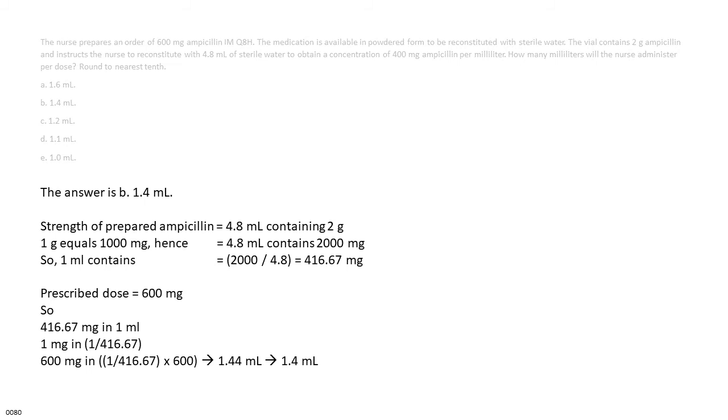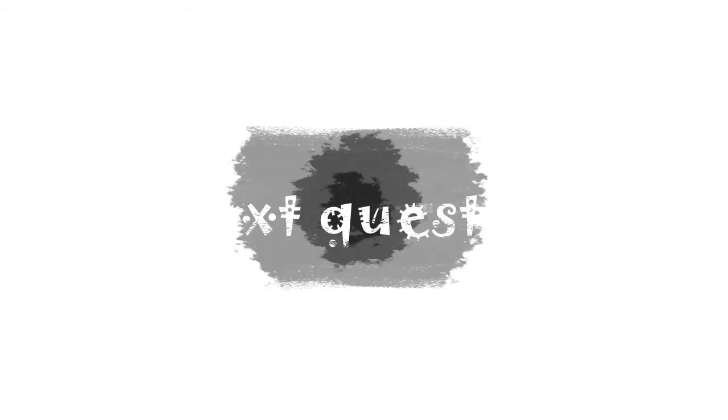Prescribed dose is 600 milligrams. So, 416.67 milligrams in 1 milliliter, 1 milligram in 1 divided by 416.67, 600 milligrams in 1 divided by 416.67 times 600 equals 1.44 milliliters equals 1.4 milliliters.